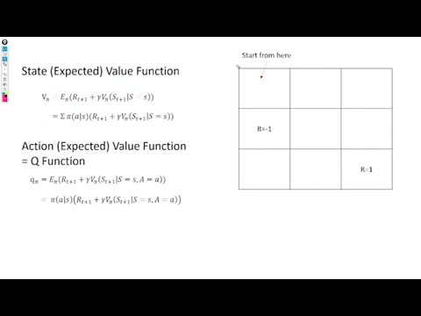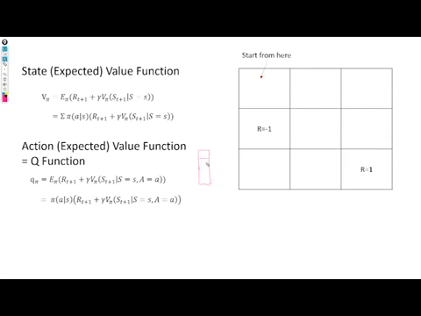Next, we can also view this not in terms of the value function, but in terms of the expected value of each action, and that is called the Q function. Just to make it a little easier, let me talk about code first, not actual code, but the mentality of the coding.